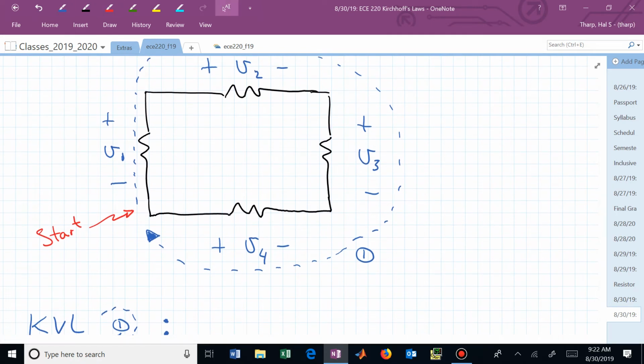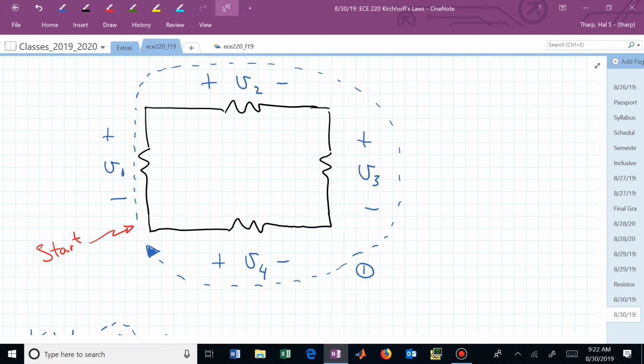And for me, I think it's just once you've labeled the circuit, just stick with the labels and write down the sign of that voltage's polarity that you encounter first in your progression around this closed path. Meaning, before I even write down V sub 1, what sign have I encountered?